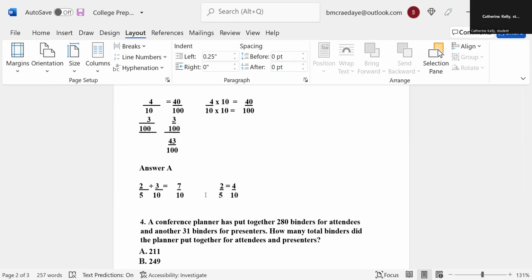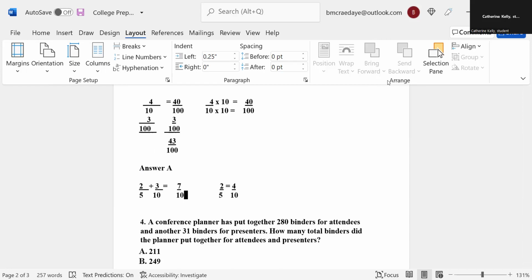Once you make your denominators the same, you just add the numerators. So the 2/5 became 4/10, and now you had 4/10 plus 3/10. 4 plus 3 is 7, all over 10, because now your denominators are the same. Got it? Yes, I think I got it now. Yes, you did the conversion.